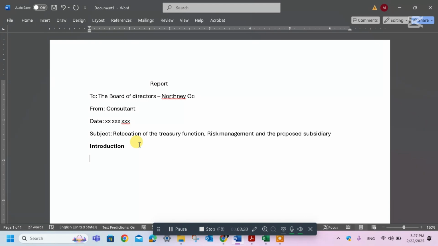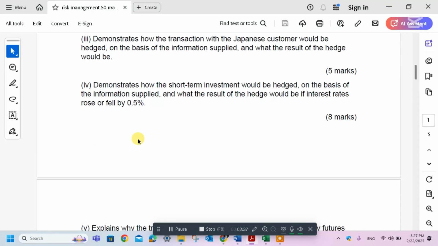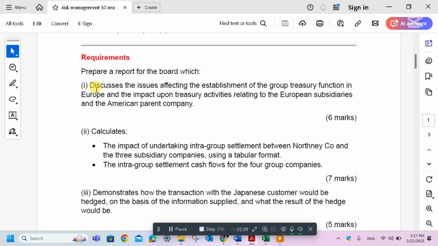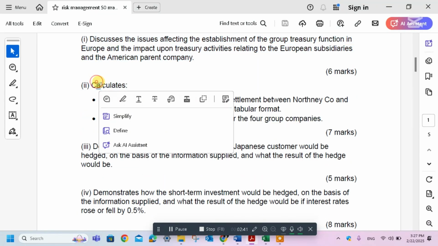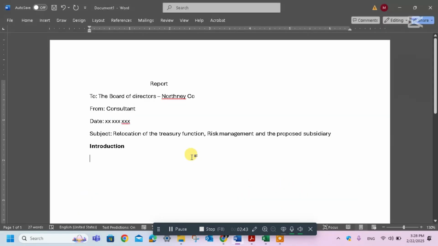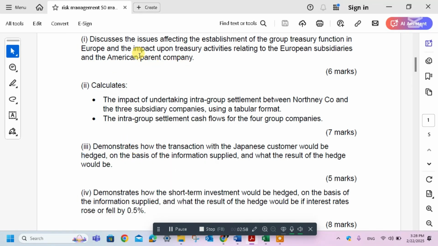Apart from introduction and conclusion, 6 headings I'm going to have here. 1 about this one, 2 about this one, 3, 4, 5, 6. Right? Introduction. So introduction, this report discusses what? What is the first one? The issues affecting the establishment of blah blah blah.